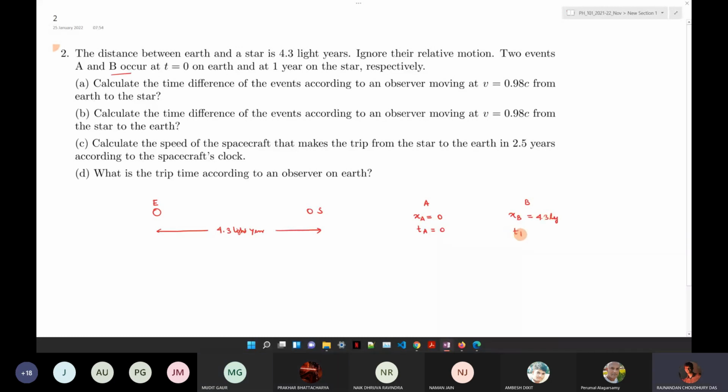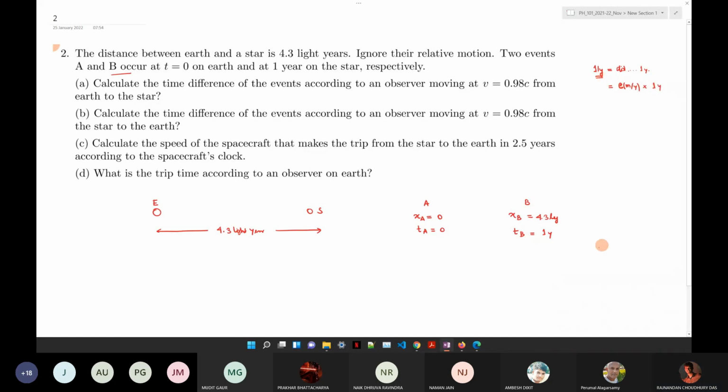And what is the time? It is 1 year. Now you have to note what a light year is, by the way. This is very important. 1 light year is the distance traveled by light in 1 year. So if you write the speed of light in meters per year and multiply with 1 year, you will get 1 light year.